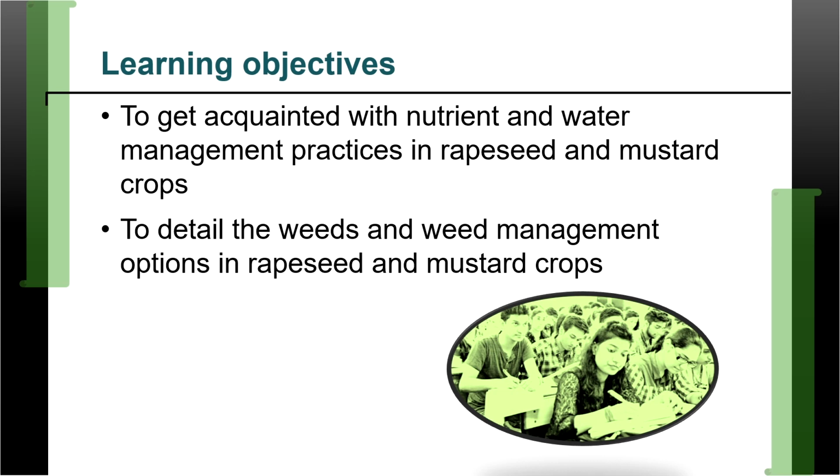You also know that weeds do a lot of damage to the rapeseed and mustard crop or any other crops also, particularly during the initial stages. So therefore, what are the important weeds and how they can be managed will be discussed in this lecture.